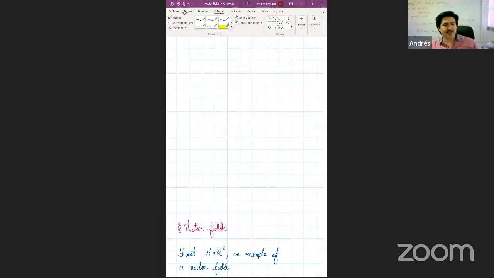So remember from last time, we saw vector bundles, and a particular type of vector bundles is the tangent bundle. In order to think of a vector bundle or a tangent bundle, you have your manifold M, and above each point on the manifold, you have a vector space. In the case of the tangent bundle, that vector space is the tangent space at that point.